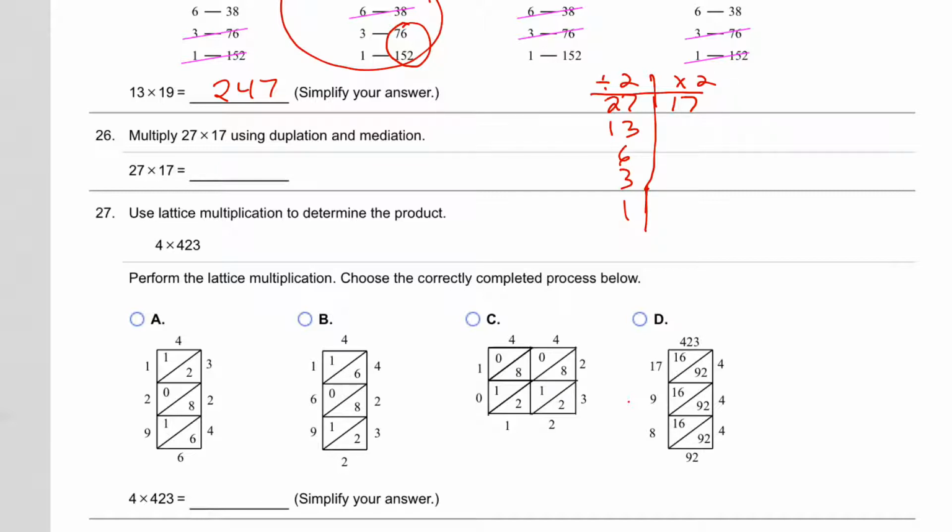So now we need the partners on the right side. So 17 plus 17 is 34. And then 34 plus 34, you're just doubling it, is 68. 68 times 2 is 136. And then 136 times 2 is 272. So now we're going to cross out even numbers.